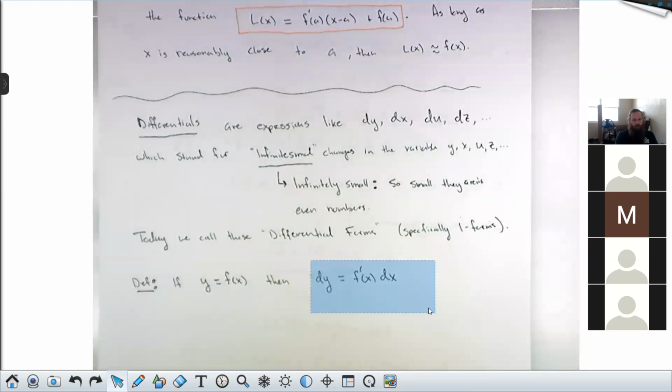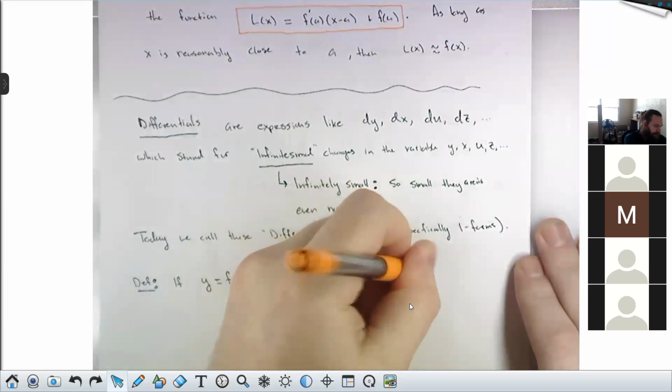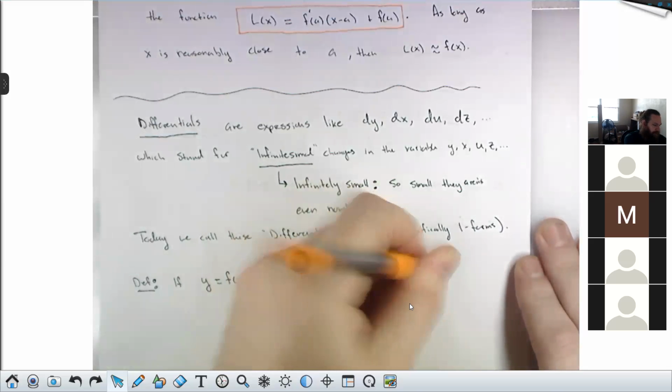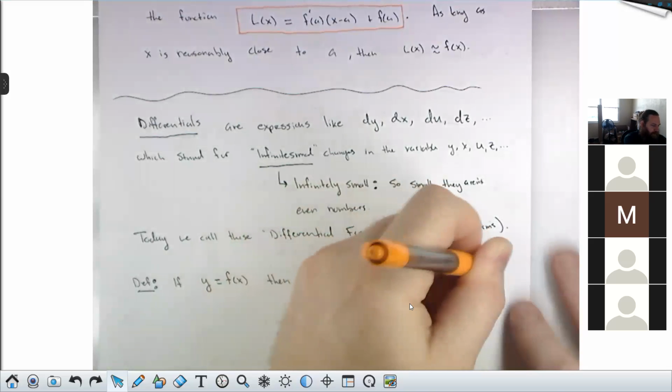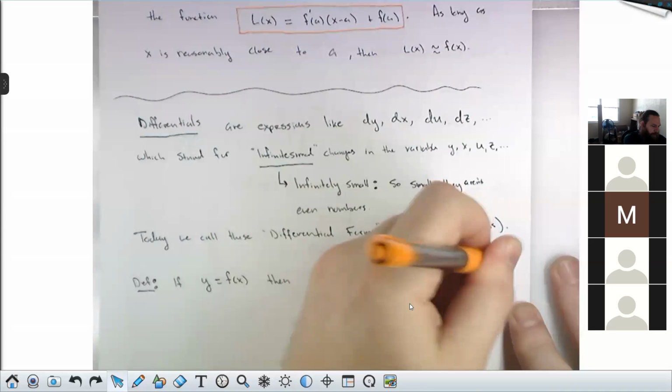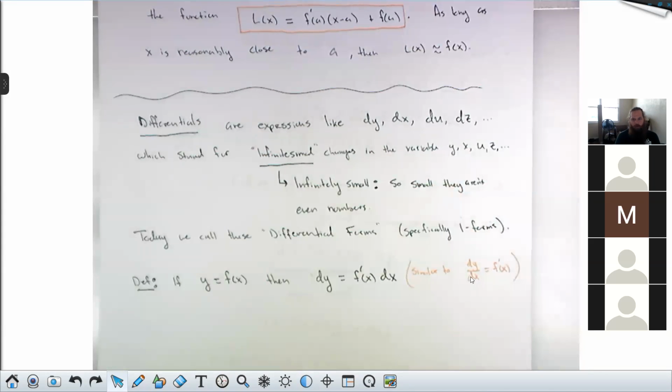And you can think of this as being similar to saying dy/dx is equal to f prime of x. And some teachers say, okay, if dy/dx is f prime of x, then just multiply both sides by dx and you get this. That's what I mean when I say abusing notation.